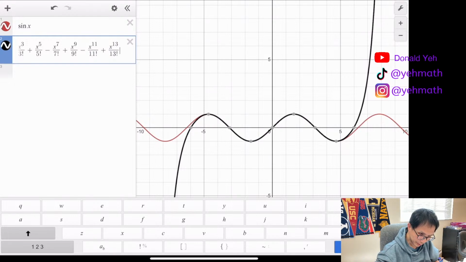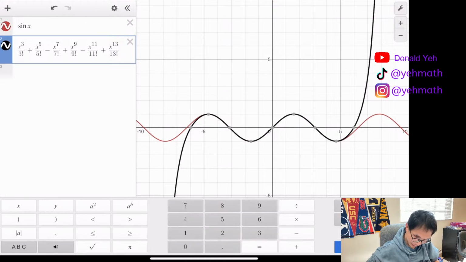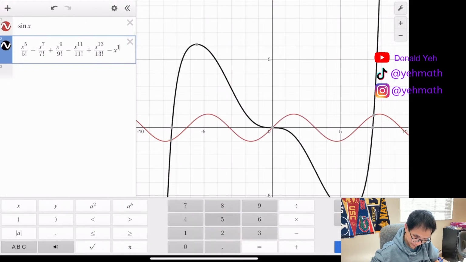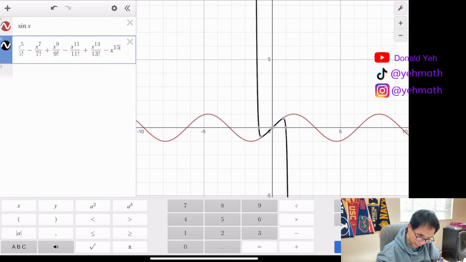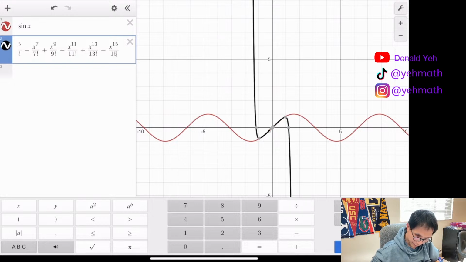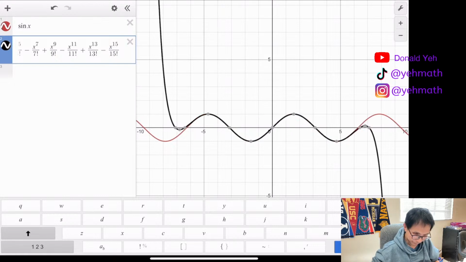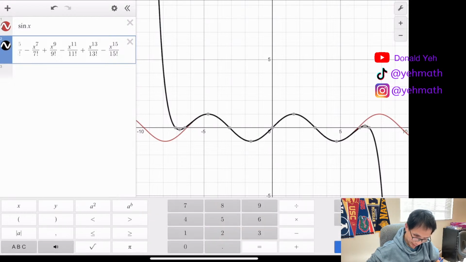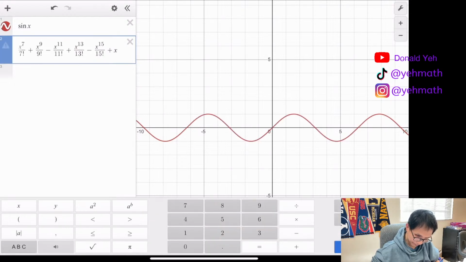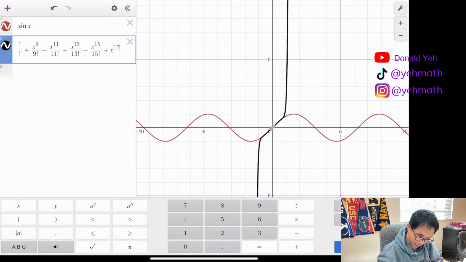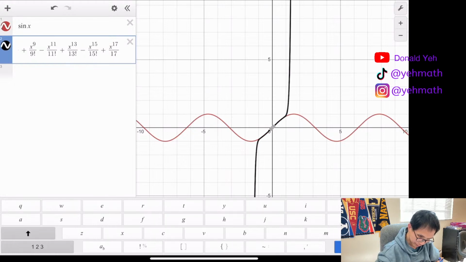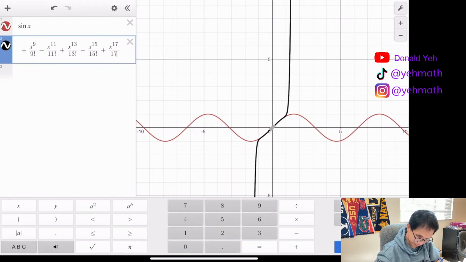So we're going to see here minus x to the 15th over 15 factorial. Remember, the radius of convergence is from negative infinity to infinity. I'm just gonna do one last term here: plus x to the 17th over 17 factorial.